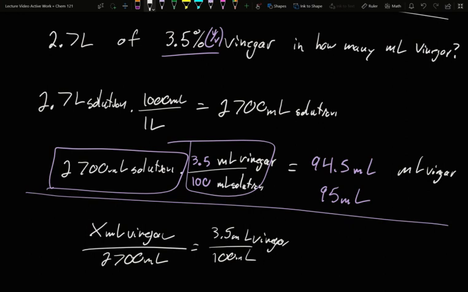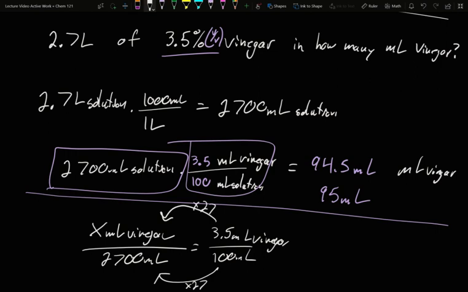Because realistically, to go up to 2,700 milliliters, well, if I had 100 milliliters of solution, and then I had a second, I'd have 200 milliliters of solution. I'd have twice as much volume, twice as much vinegar. Well, it's 27 more times. To go from 100 milliliters to 2,700 is times 27. The amount of stuff also has to be times 27.